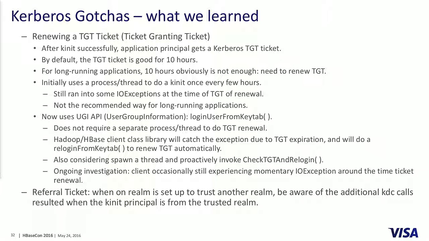But we still see about 2 to 3 seconds of unavailability from time to time. So if anybody knows the answer to that, I'll be happy to talk to you. And we're also considering spawning a thread to do the check TGT and relogin anyhow.